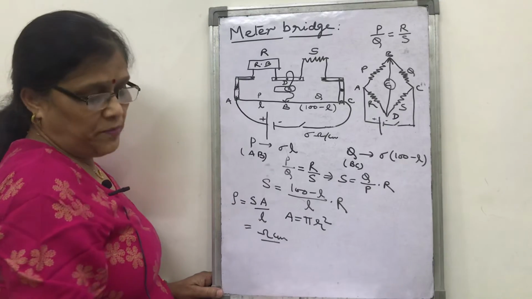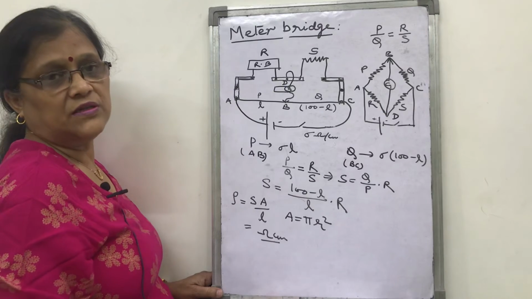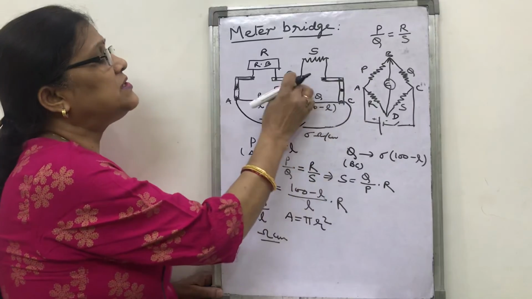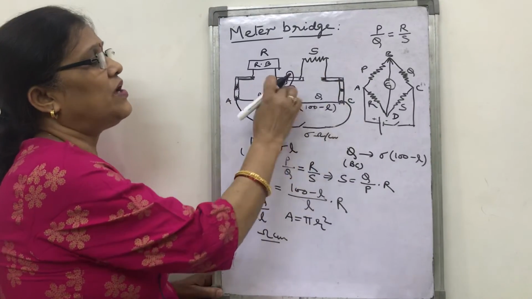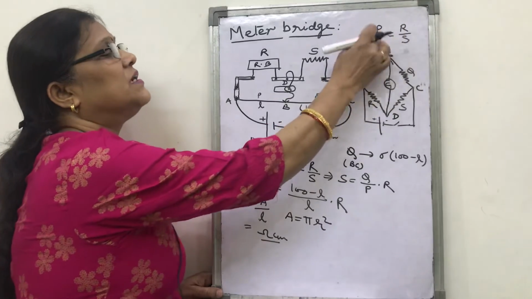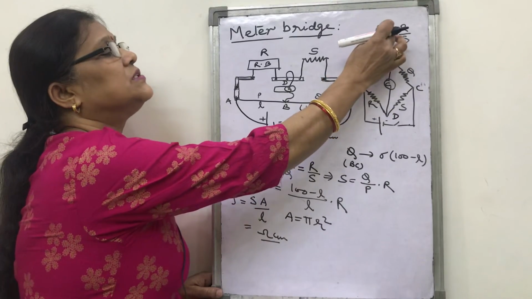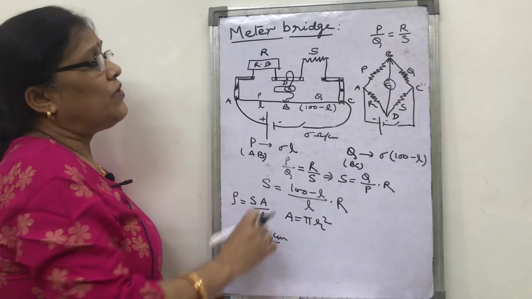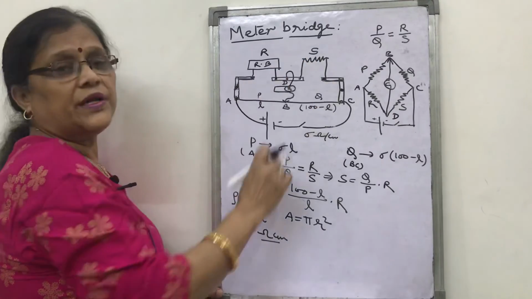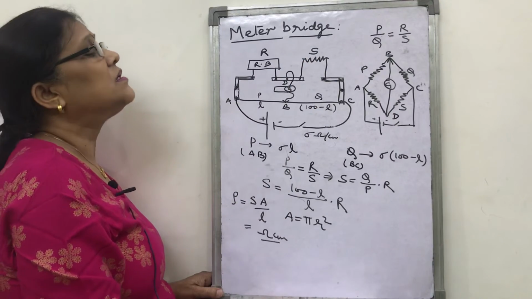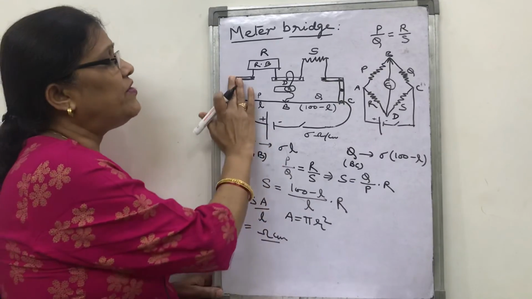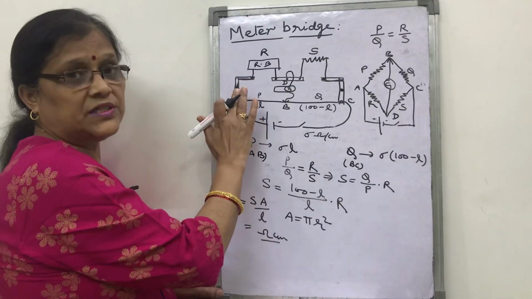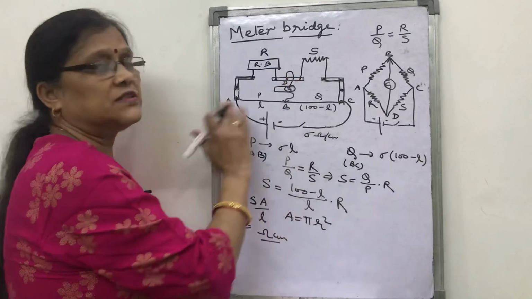Metal has very little resistance, so metal is a good conductor. Since many screws and connections are there, and in the balance condition you have taken only P upon Q equal to R upon S, if the question is asked why we take these flat metallic strips: their area is more, so their resistance is less.